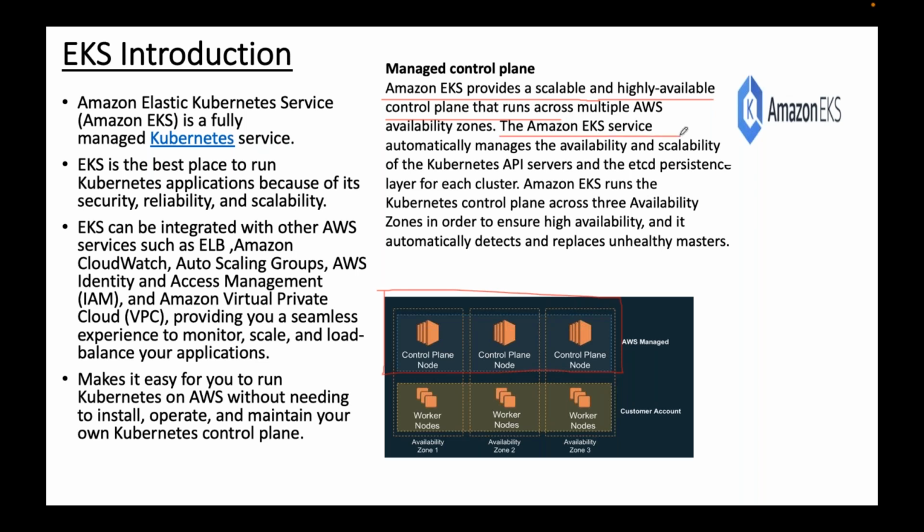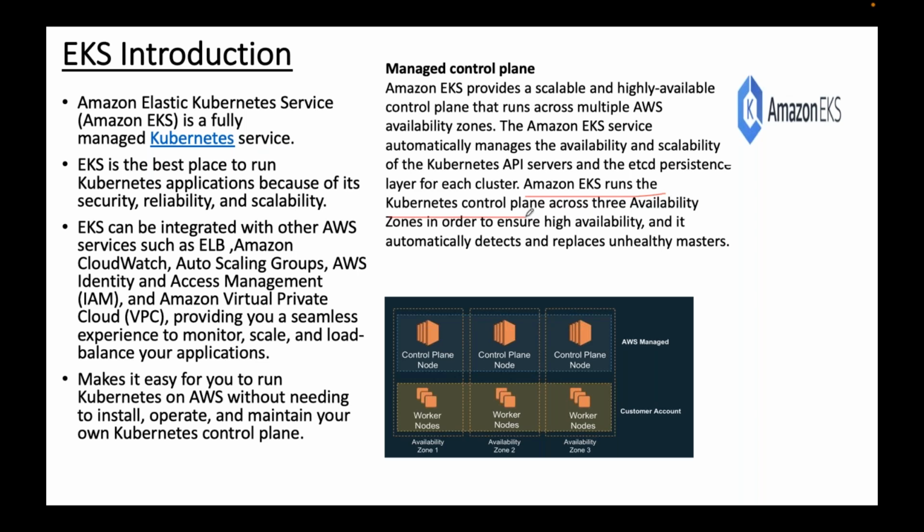And Amazon EKS automatically manages the availability and scalability of the Kubernetes API servers and etcd. EKS runs the Kubernetes control plane across three availability zones, kind of three master nodes for each Kubernetes cluster.